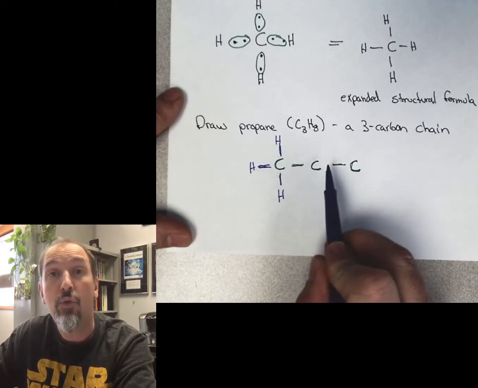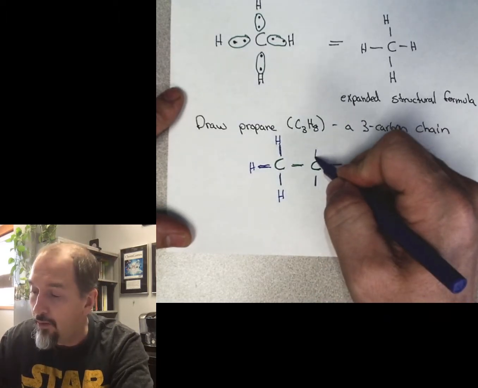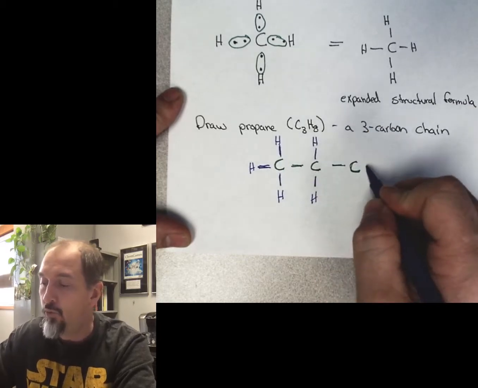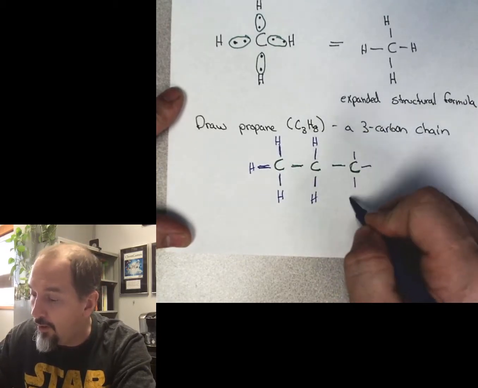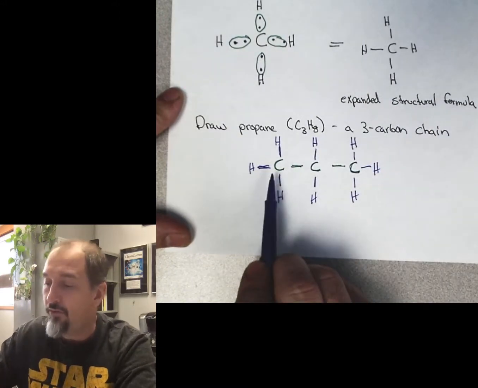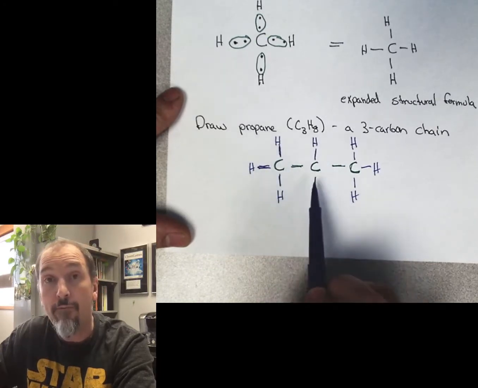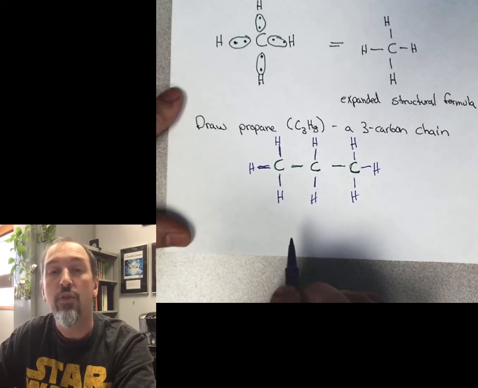It's already got 2 bonds, so it needs 2 more to be happy. 1, 2, H, H. And this one only has 1 bond right now, so I'm going to add on 3 more, H, H, H. Okay, so now we've got our 3 carbon chain, and let's count 1, 2, 3, 4, 5, 6, 7, 8. 8 hydrogens. So we've got our C3H8.